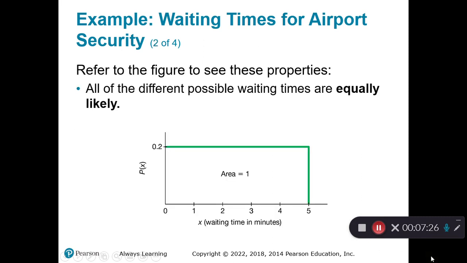Here is what we saw previously, and we see that all waiting times between 0 minutes and 5 minutes have an equal probability of 0.2. And I want to explain why 0.2 and why it can't be any other number than this.